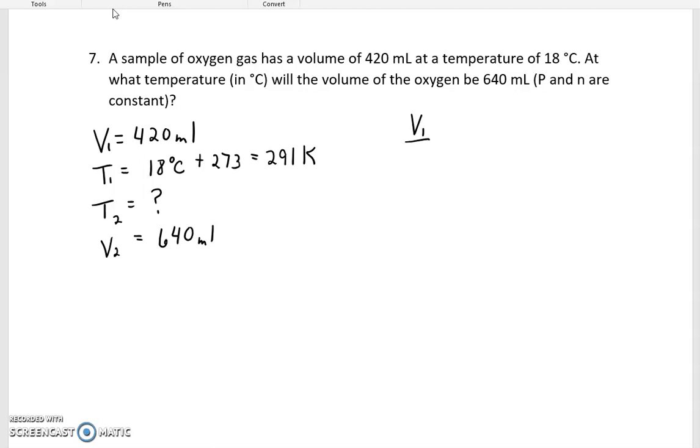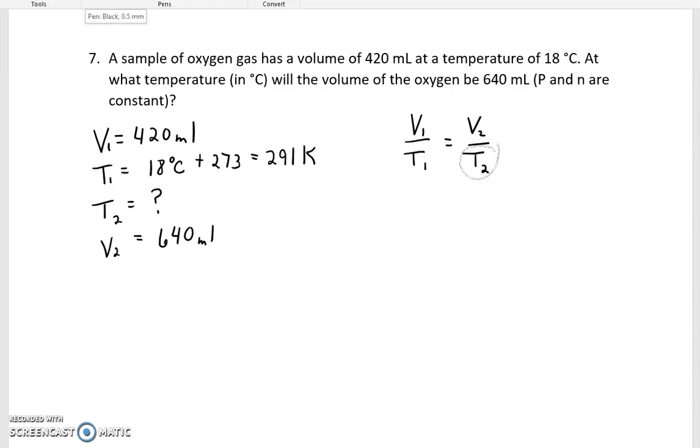And let's write our formula down. V1 divided by T1 is equal to V2 divided by T2. Now we have V1 and V2 and we have T1. We don't have T2. So we need to solve our equation for T2. And I think the best way to show you to do this is to cross multiply.